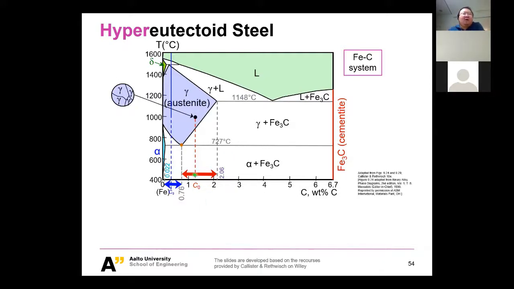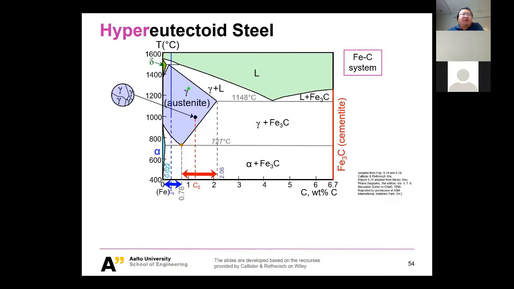We're talking about hypereutectoid from 0.76% carbon to 2.06% carbon. But be clear, this is the pure iron and carbon phase diagram. You will see a lot of elements, a lot of features will influence this. And here we're just talking about a binary phase diagram.